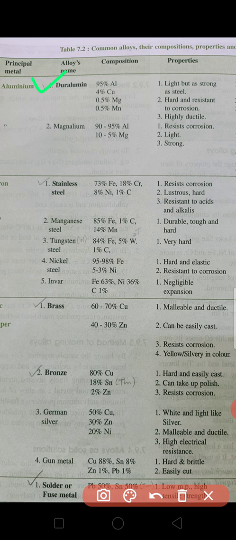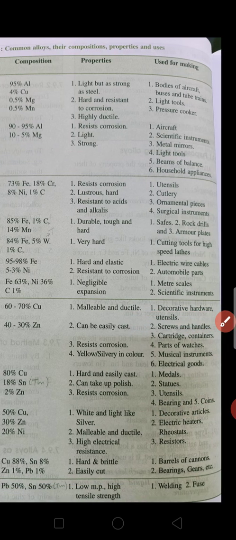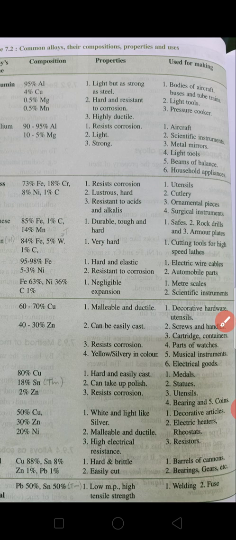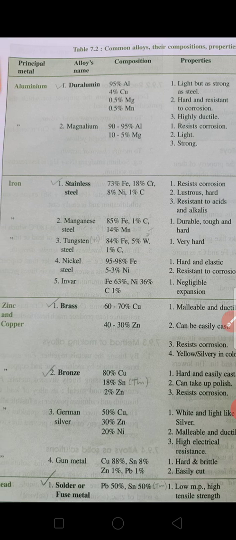After making this alloy, the properties are changed, and it is now light but as strong as steel, hard and resistant to corrosion, highly ductile. Now this alloy can be used for making bodies of aircraft, buses and tube trains. It is used for making light tools, and it is used for making pressure cookers. So the pressure cooker in your house is made up of this alloy.